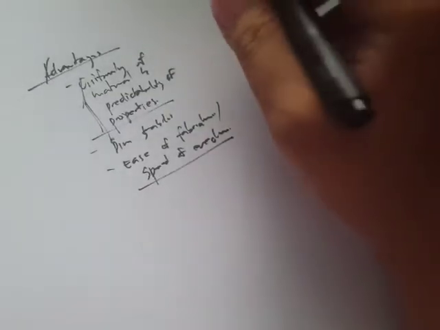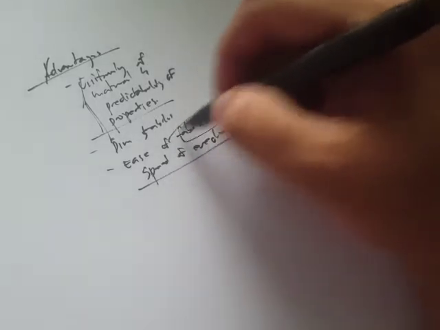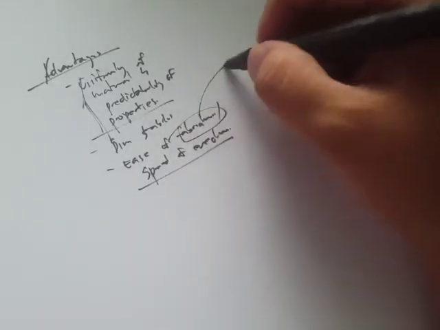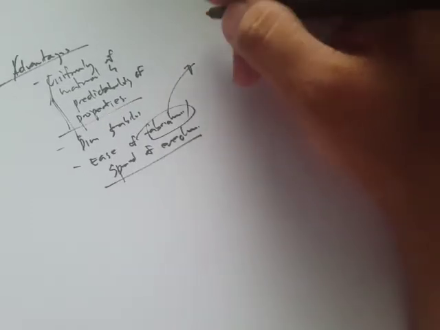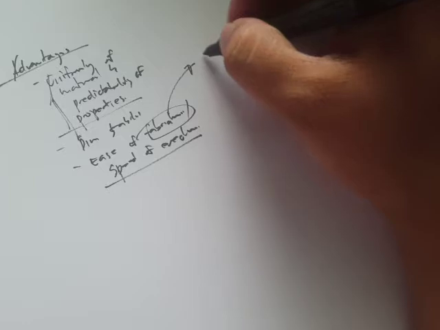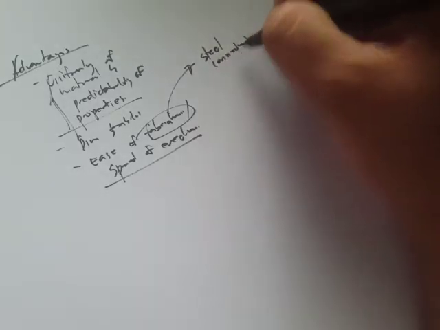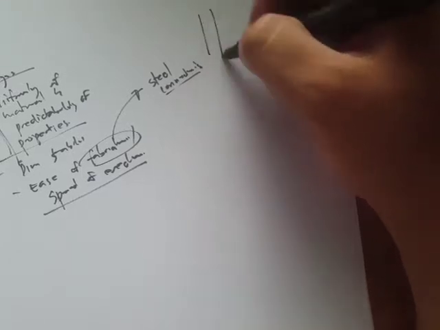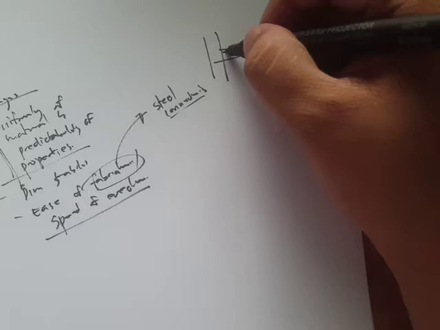Even though we say that we have this ease of fabrication, still, one characteristic of steel structures is the steel connections. So for example, you have this column and you're going to attach a beam.